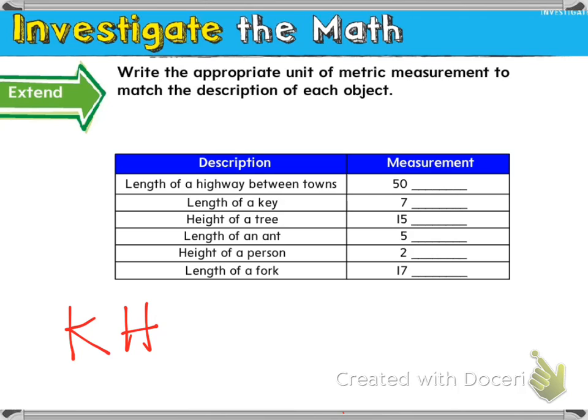50 decameters, okay, 50 units, which would be meters. 50 decimeters, 50 centimeters, or 50 millimeters.